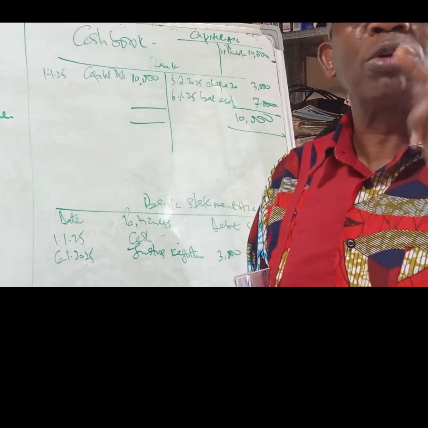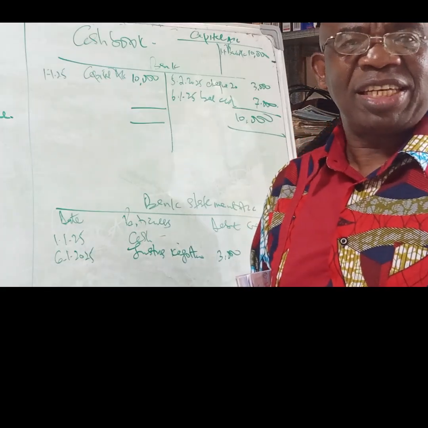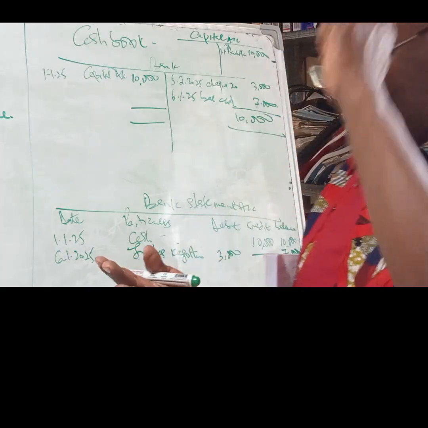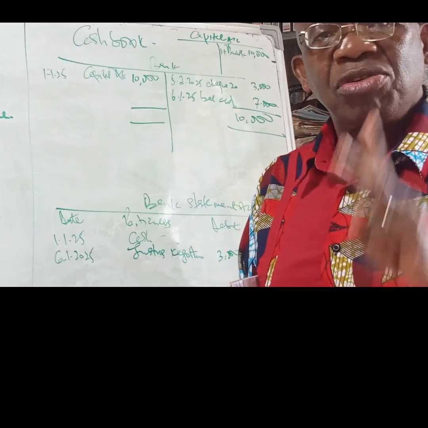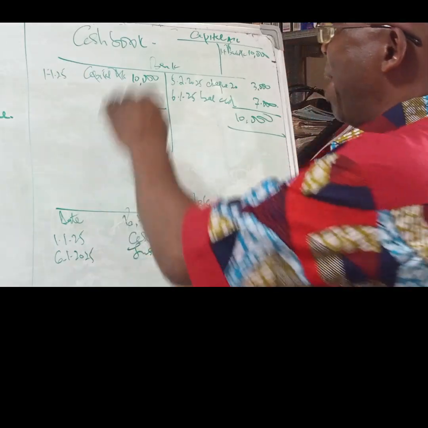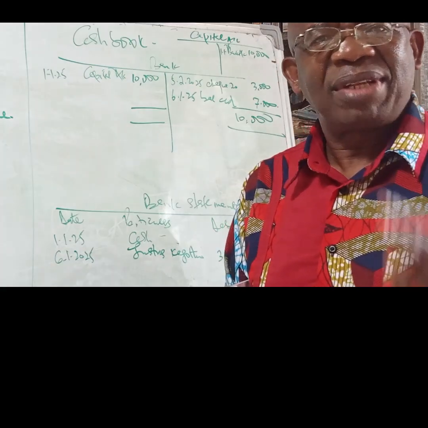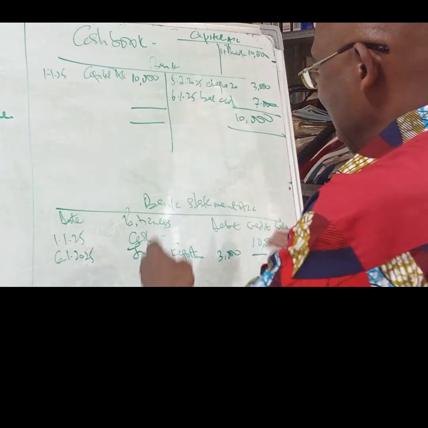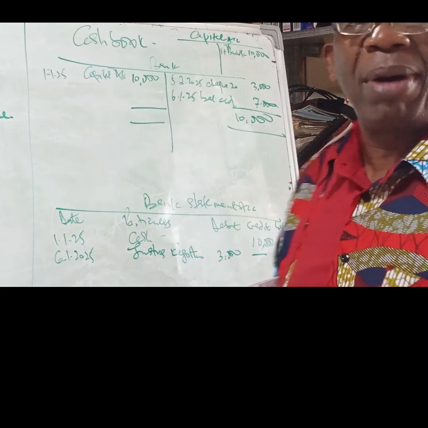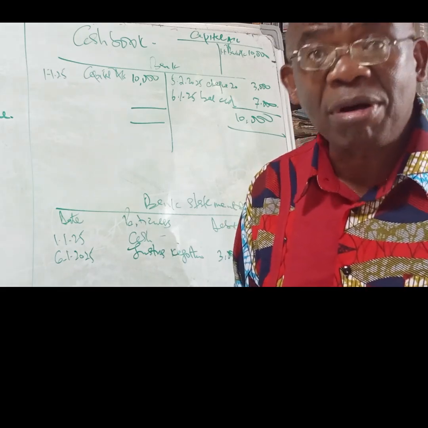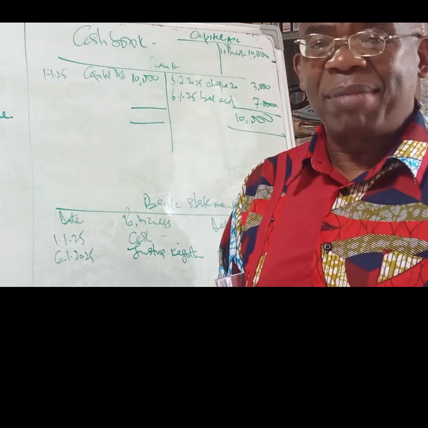It could be because the accountant has stolen some of the monies. So it helps us to prevent and detect two things: errors and fraud by the accountant in the firm, or errors and fraud committed by the bank.